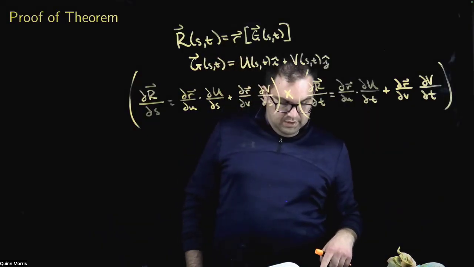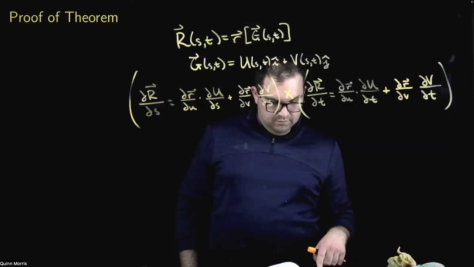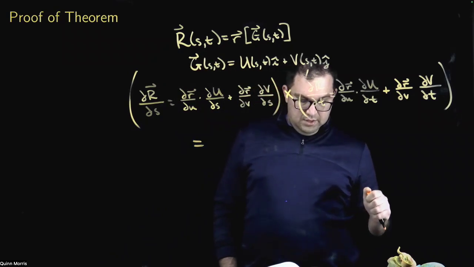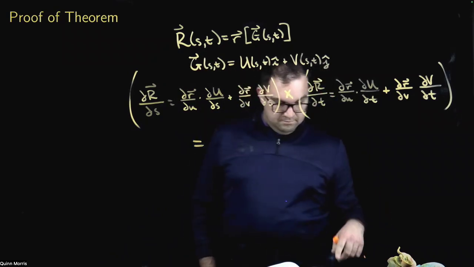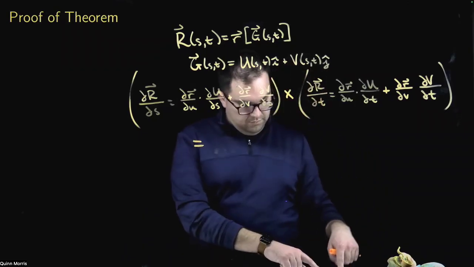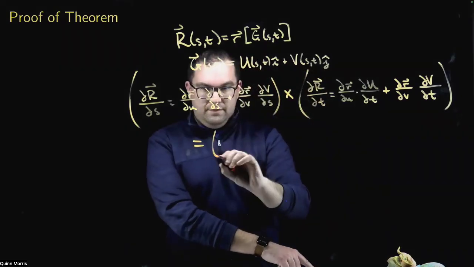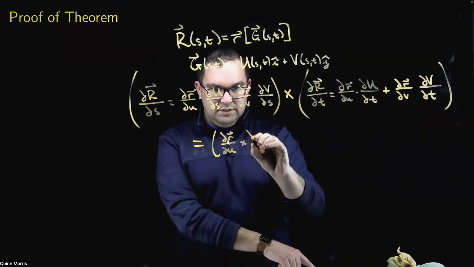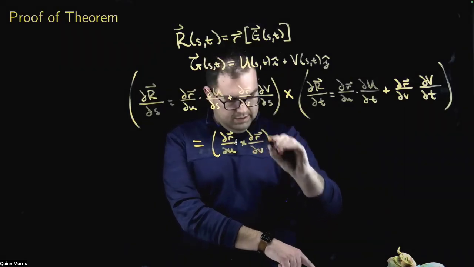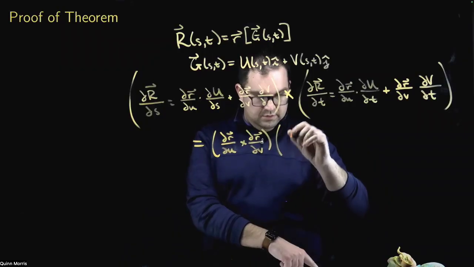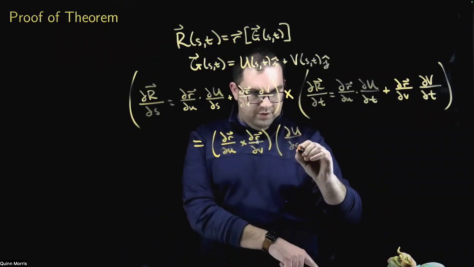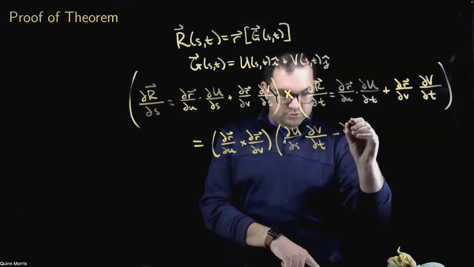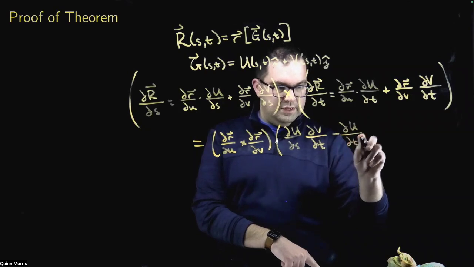When I do that, I'm going to use some properties of cross products, and we're going to end up with partial r partial u cross partial r partial v times partial u partial s partial v partial t minus partial u partial t partial v partial s.